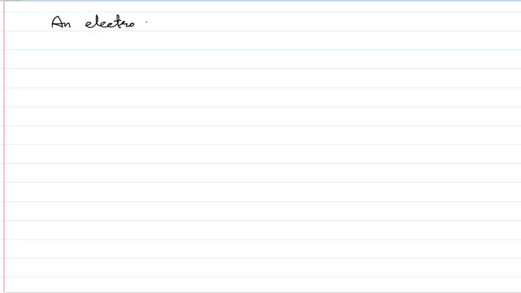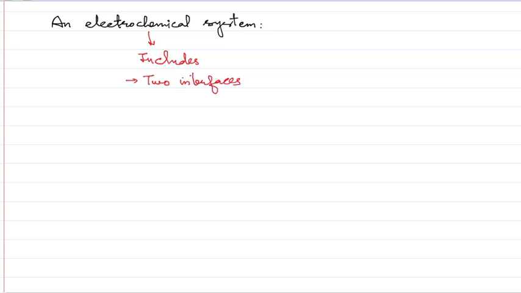An electrochemical system basically includes two interfaces, electronic conductors and ionic conductor.